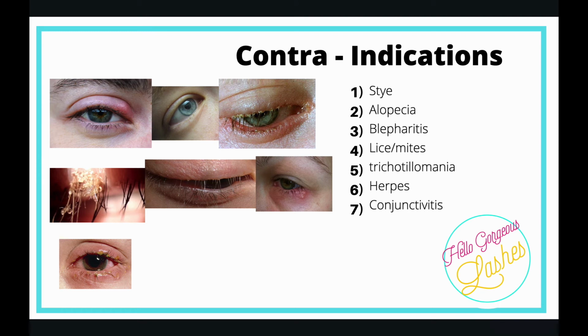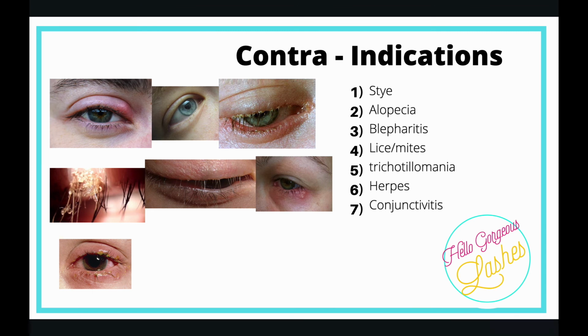Check with your insurer for that one, because you're not causing any damage to the client's lashes by applying lash extensions. If you're doing it properly how we're going to be teaching you, you're not going to be causing any damage. So that's a little bit of a grey area, again, like the pregnancy thing that we were discussing before. Check with your insurance company, because I've heard that some insurance companies do cover you to treat trichotillomania.